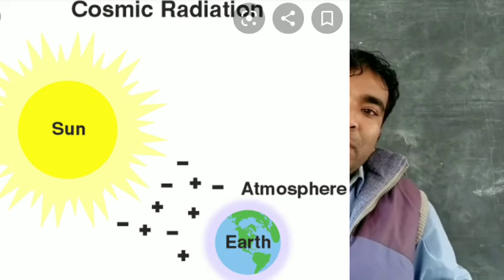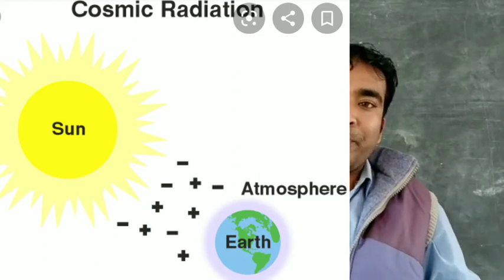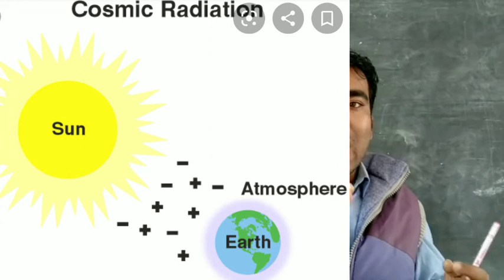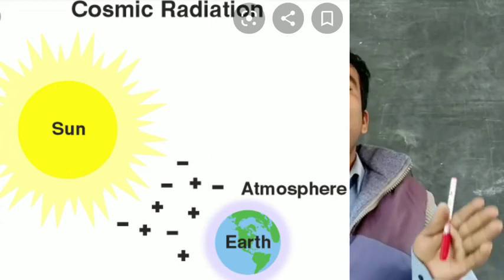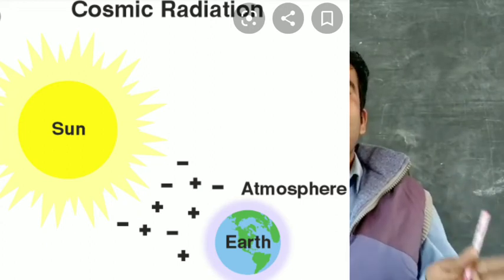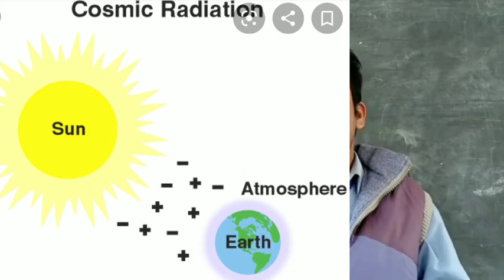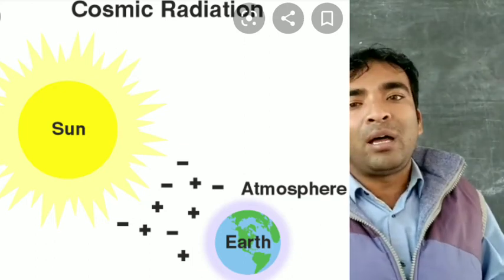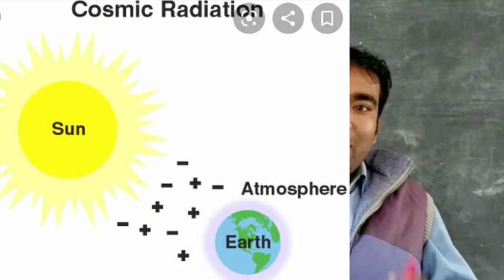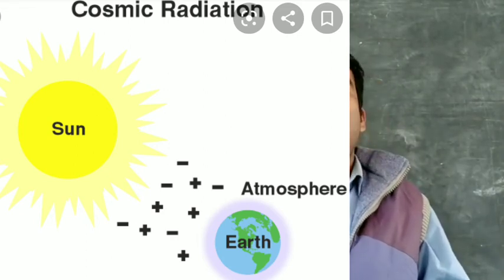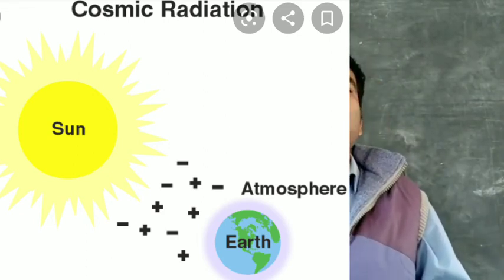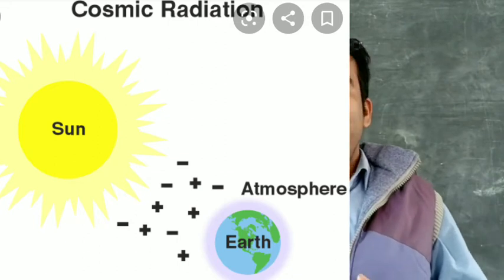A very common example: between the sun and the earth there are lots of empty spaces, no connection between the earth and the sun. But still the heat reaches the earth from the sun. This type of transfer of heat is known as radiation.